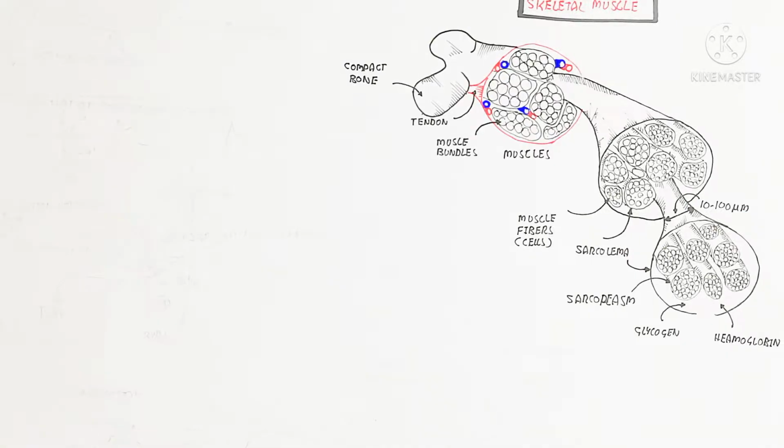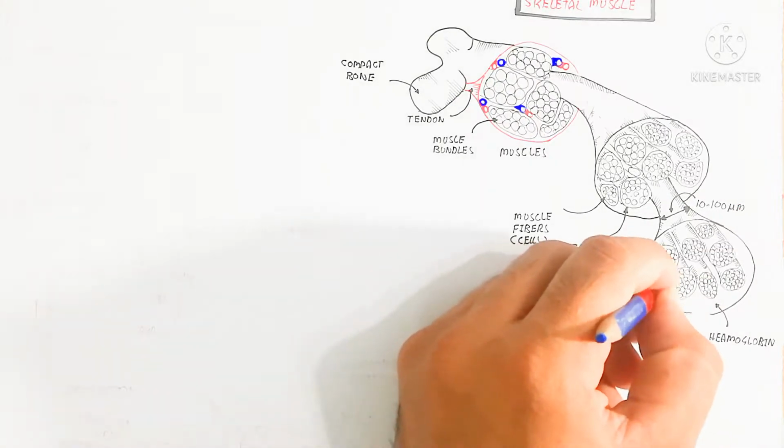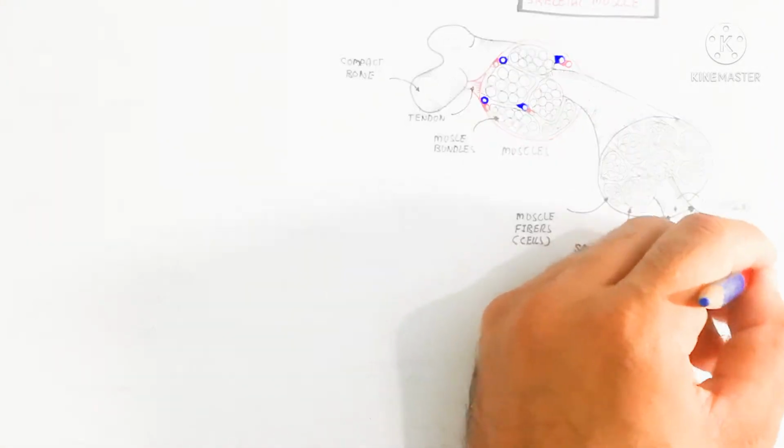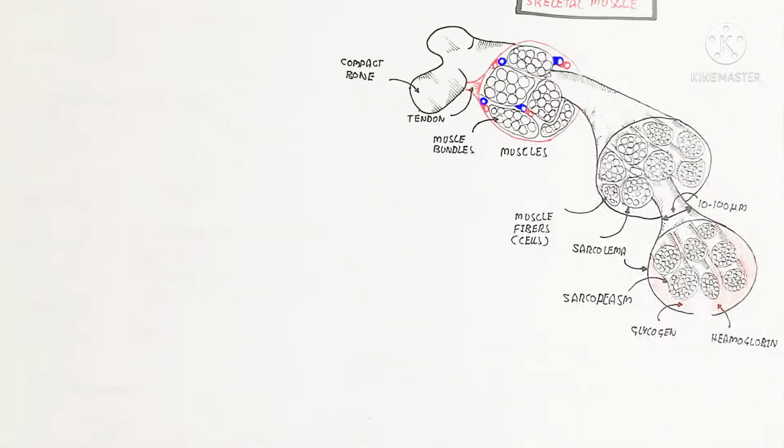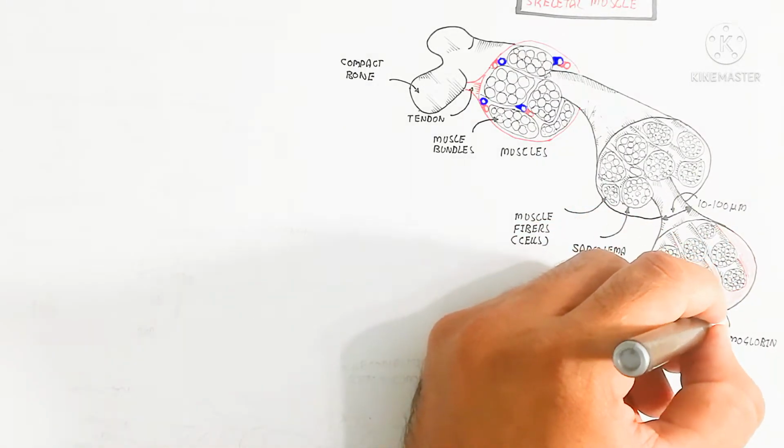We will discuss the inside of the sarcolemma later. It is the part of the muscle fiber used for the storage of glycogen and hemoglobin for providing oxygen, and the glycogen is important for providing sugar quickly by glycogenolysis.